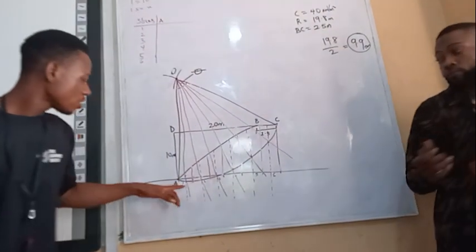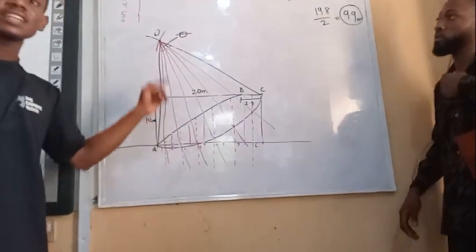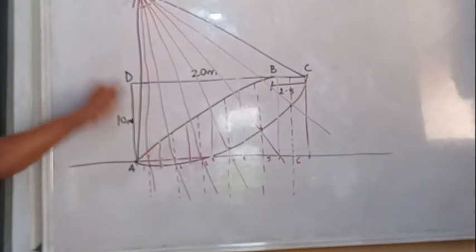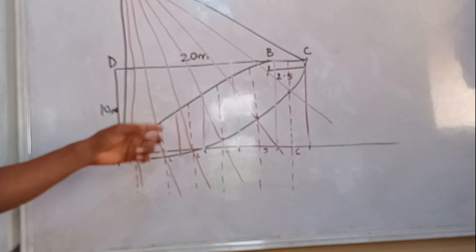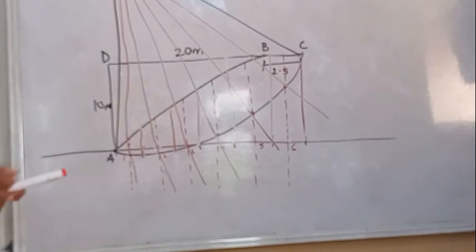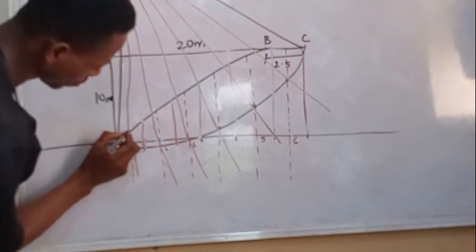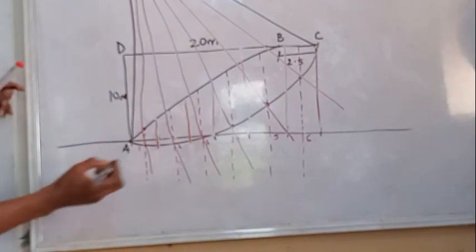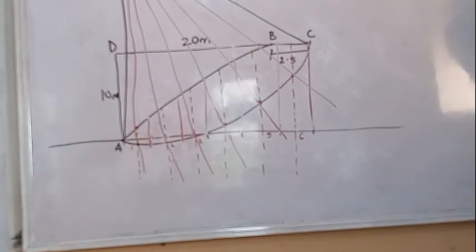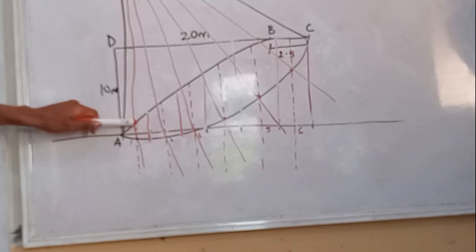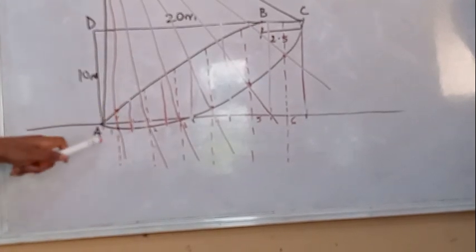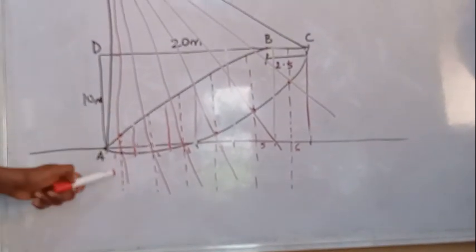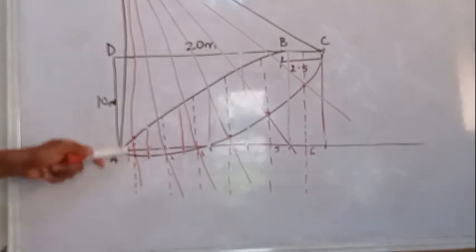That means the distance from where that dotted line intersects the curve to the top, to where the line intersects the slope. That's the height. You see these 2 dots? That's what we want to measure, where the center line intersects both the slope and the curve.